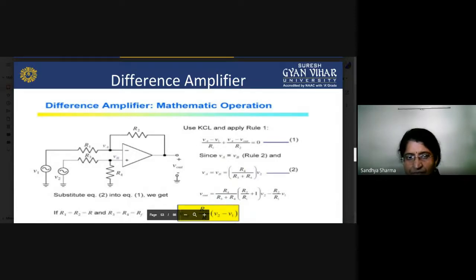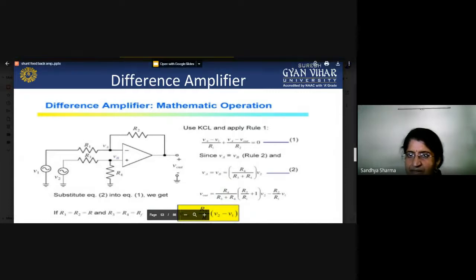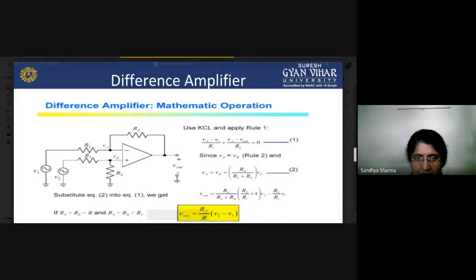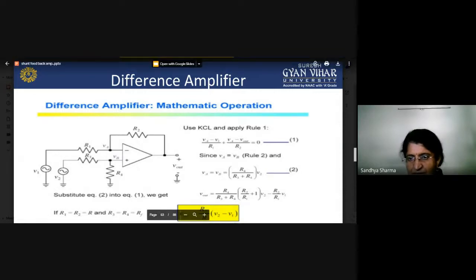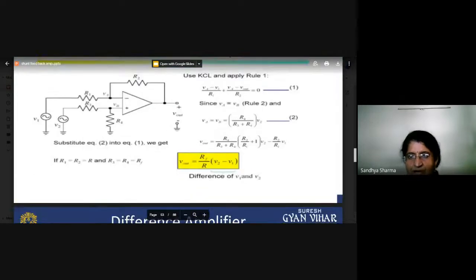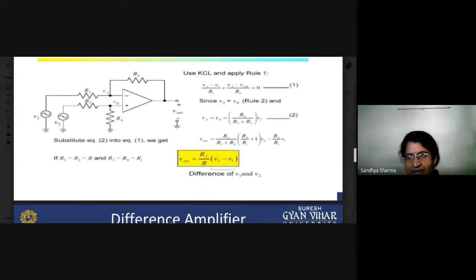This is VA, VB, this is the output voltage, this is V1, and this is V2. You can calculate V1 in terms of V2 and calculate these characteristics.